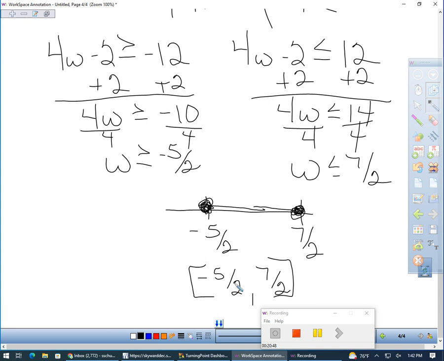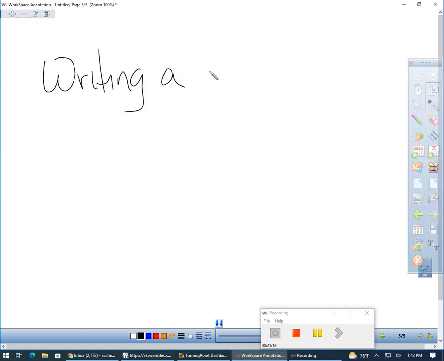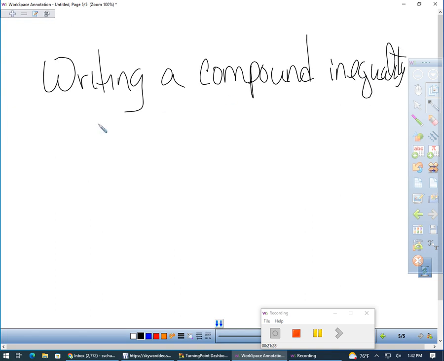So here, I want to talk about writing a compound inequality as an absolute value.